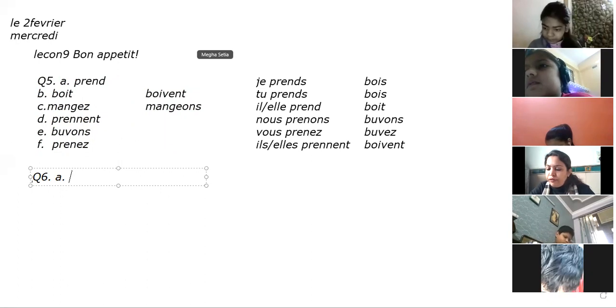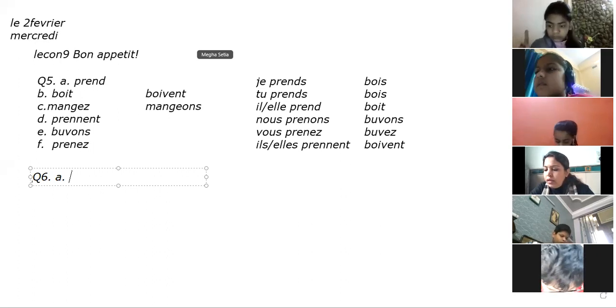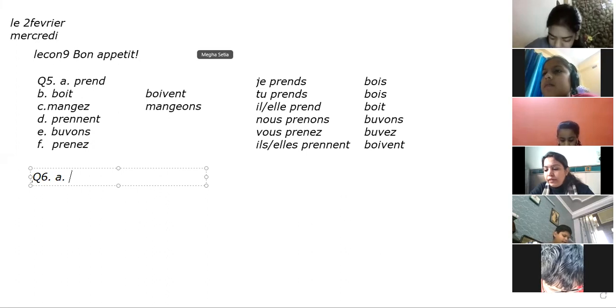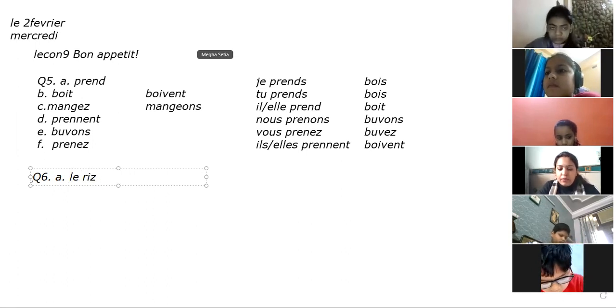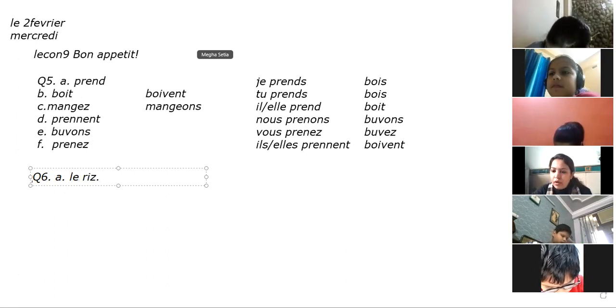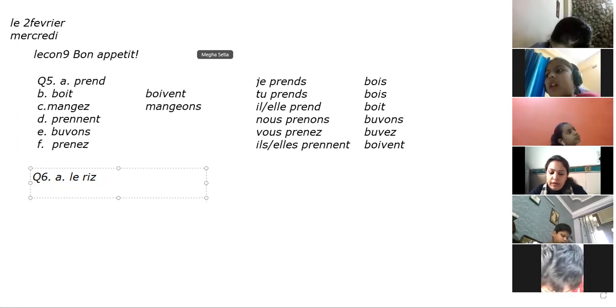Marmalade is a kind of topping. जैसे topping होती है हम bread पर लगाते हैं. ठीक है? First is jam, next is butter, next is rice, and next is la marmelade. So here the odd one out will be le riz, rice, because we apply butter on bread, jam on bread, and marmalade on bread. So le riz will be the odd one out here.